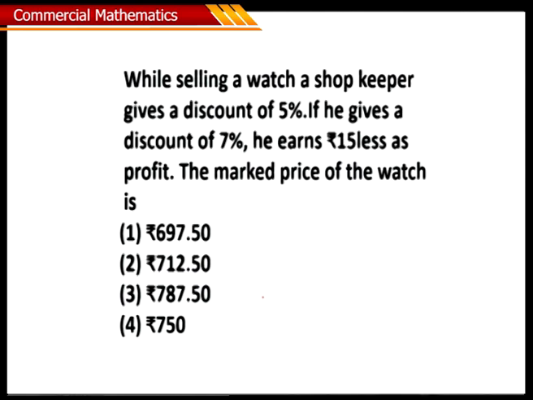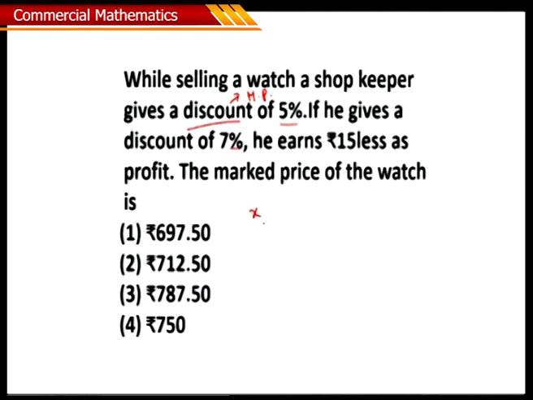Remember that whenever discount is considered, discount is always calculated on market price. That is the first point you have to remember. Now there are two things. He is giving a discount of 5% and a discount of 7%. Suppose the market price is X rupees and the discount is 5%, what is the selling price now?